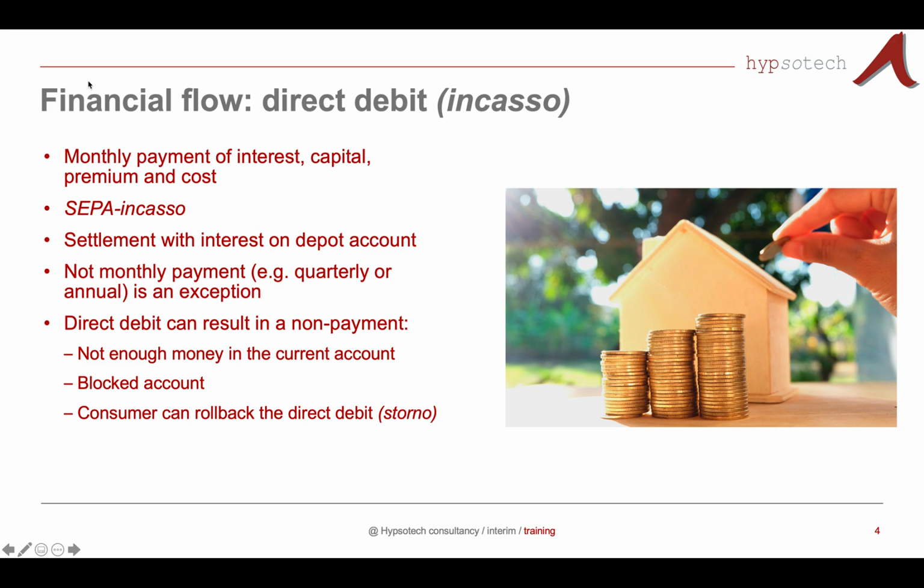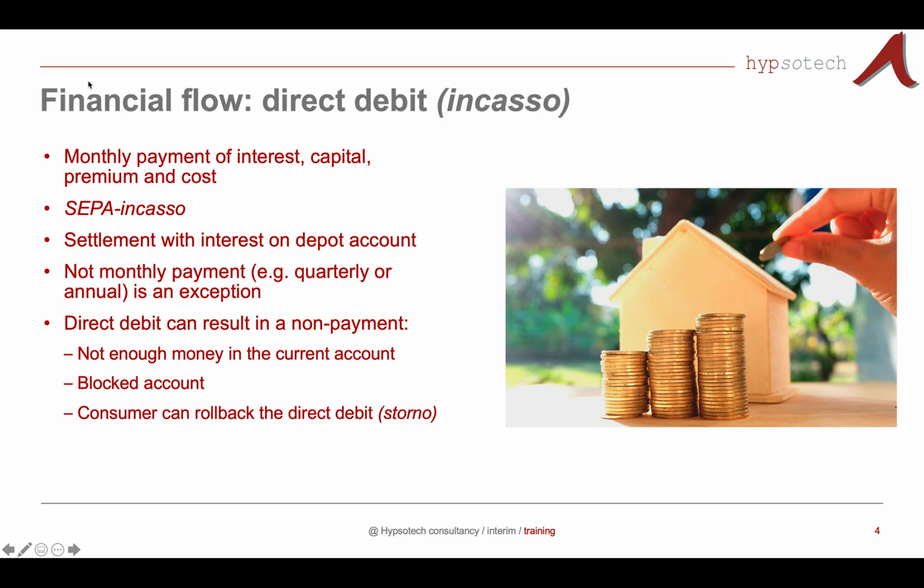What will happen if the direct debit fails? Then we have a result of non-payment. First of all, why could that happen? There is not enough money in the current account that is direct debited, or the account is blocked, or the consumer can roll back the direct debit after a certain time.